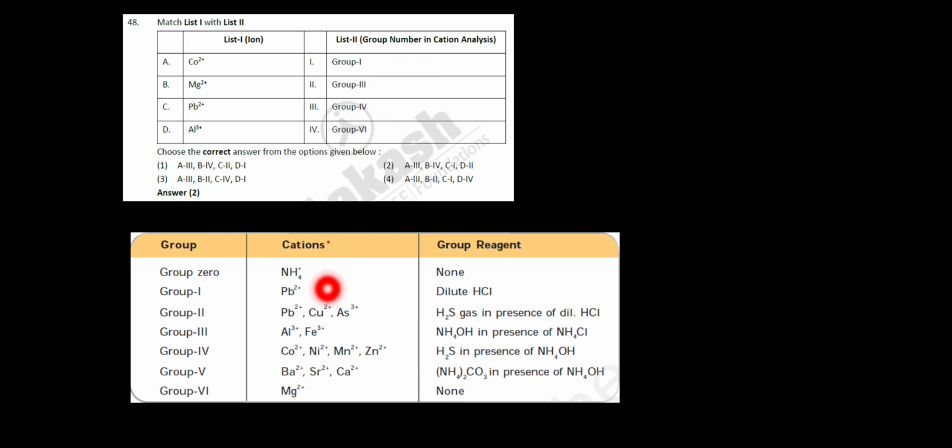Cobalt is in 4. Okay, so 3, then 4, and then lead is in group 1, that is option 1, and the last one, aluminium, is in group 3. So the correct answer is option 2.